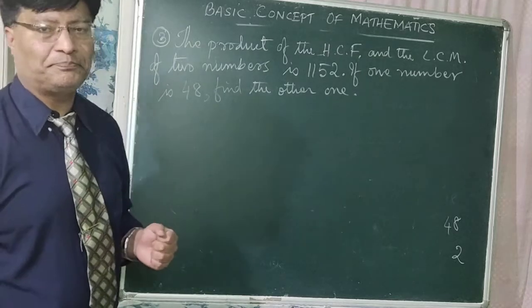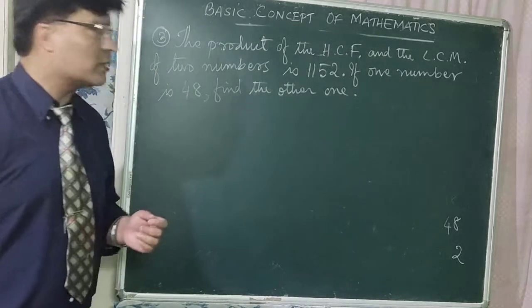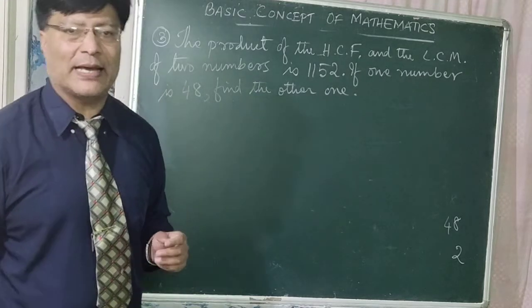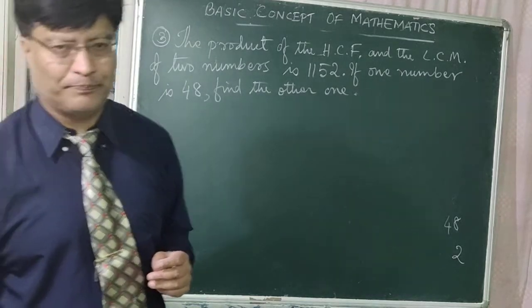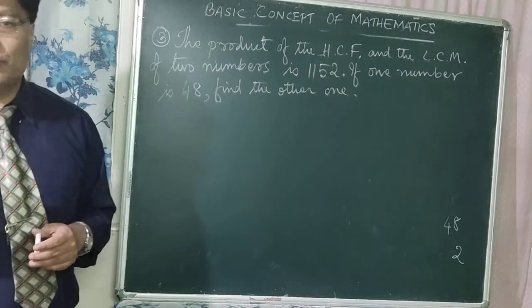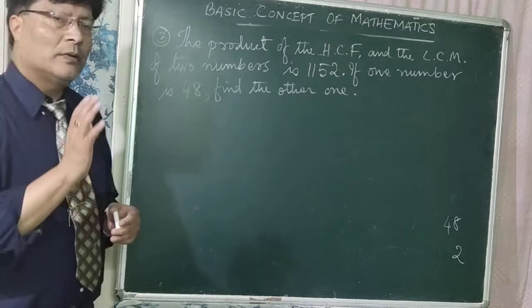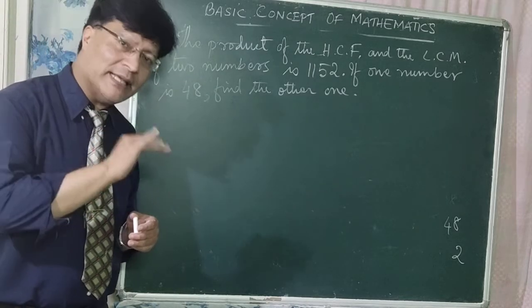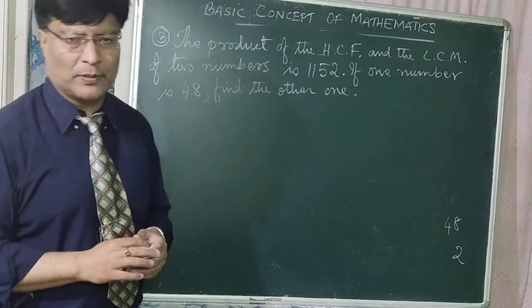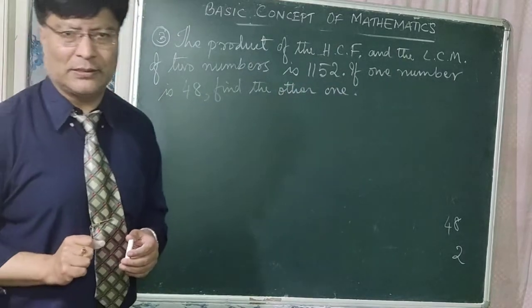Now what is given here? The product of the HCF and the LCM of the two numbers is given as 1152. So there are two numbers here.